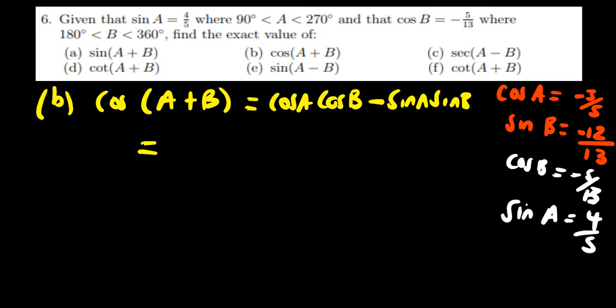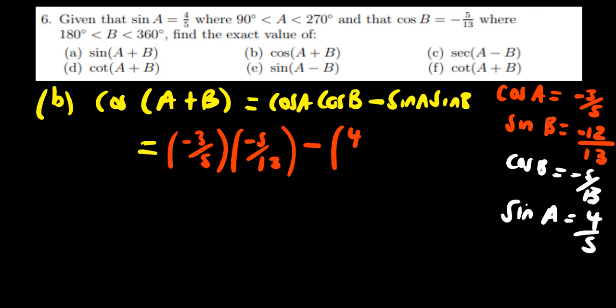Let's replace cos a. It is negative 3 over 5. This is multiplying by cos b. Cos b, that is negative 5 over 13. Let me not make a mistake on 13 again. Then I've got sin a, which is 4 over 5.